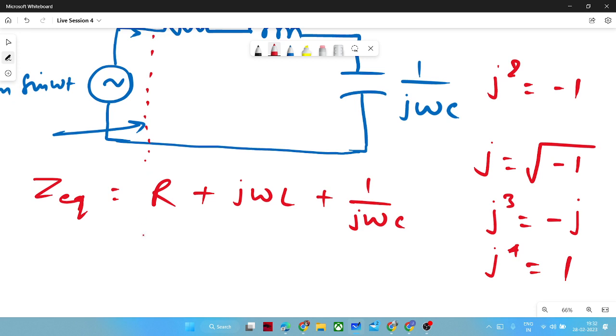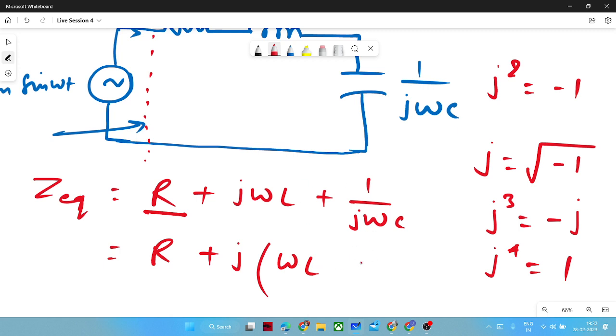And if you try to find out the magnitude and angle of this impedance, you can write R plus... you have to segregate real terms. This is real, and these both are imaginary. So omega L minus... you have taken J already in common, right?